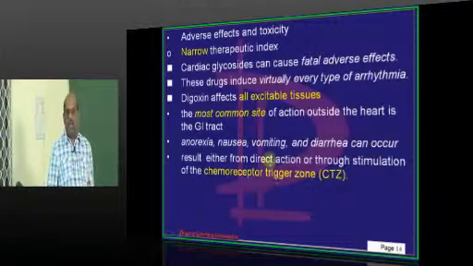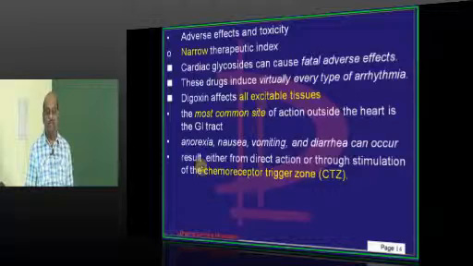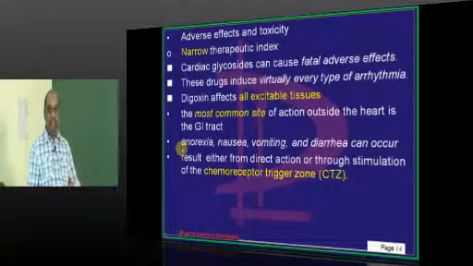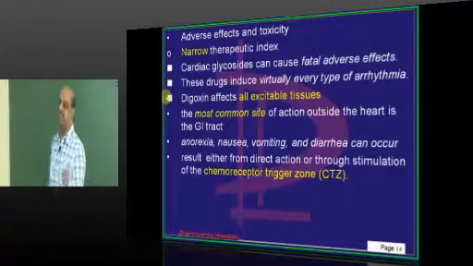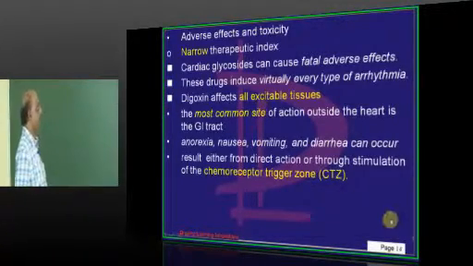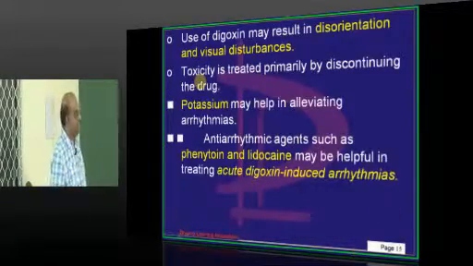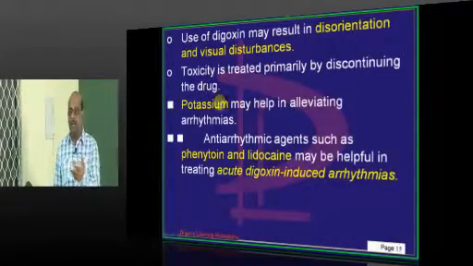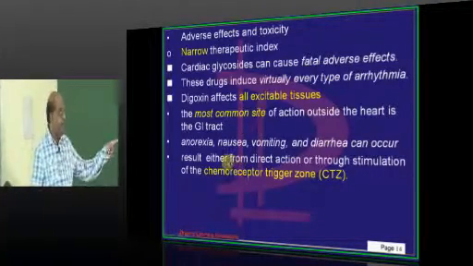Hence, whenever you give digoxin, it is not the arrhythmias that will be worrying in the patient. Nausea, vomiting, diarrhea, anorexia, they are all the issues if digoxin is taken. And it also has a stimulating effect on the chemoreceptor trigger zone, due to which nausea occurs. This is another high yield fact, doctor. Don't take it easy.